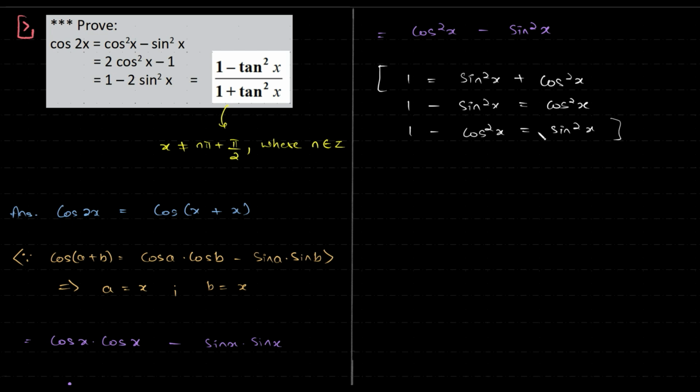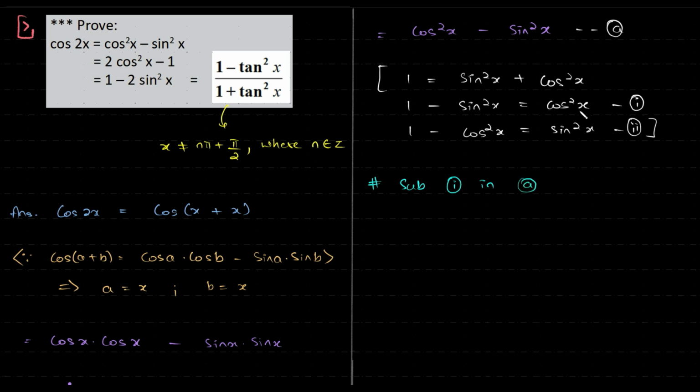So when I substitute over here, things will turn out that cos 2x is equal to this and this. So let me call this first and second. Let's substitute the first in a.